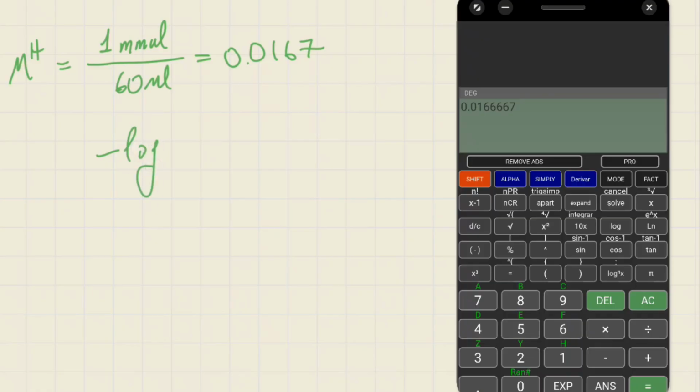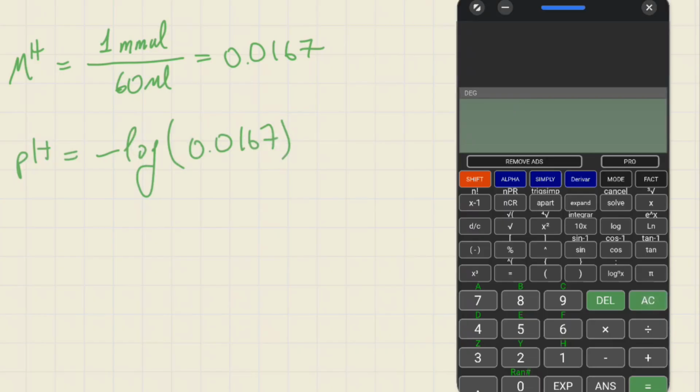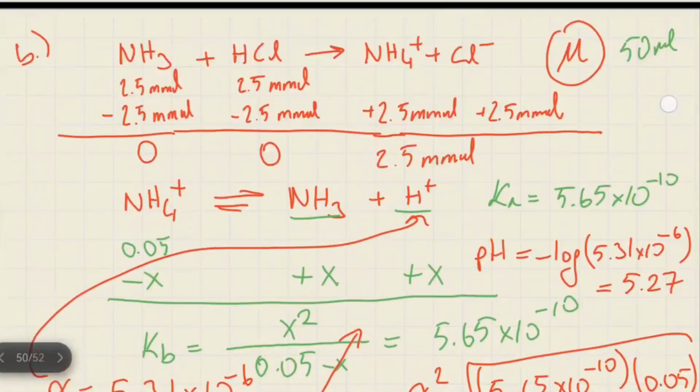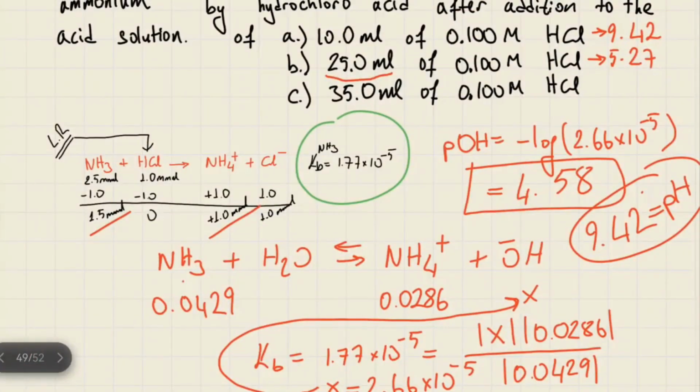So we can calculate the pH, which is minus log 0.0167, and it is equal to 1.78. So pH dropped a lot. 1.78.